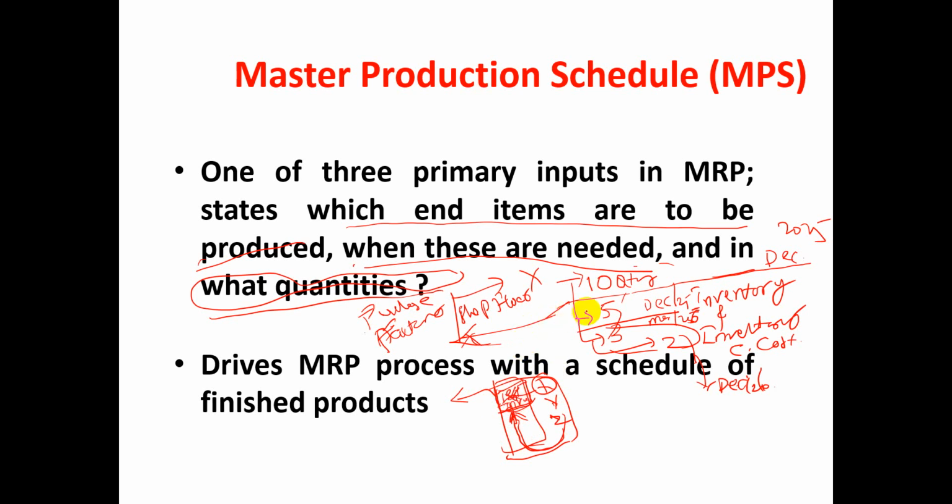In that case, the PPC has to immediately act and postpone the manufacturing of the remaining 5, and take the priority only for 5. This is why quantity matters here. It is very important.